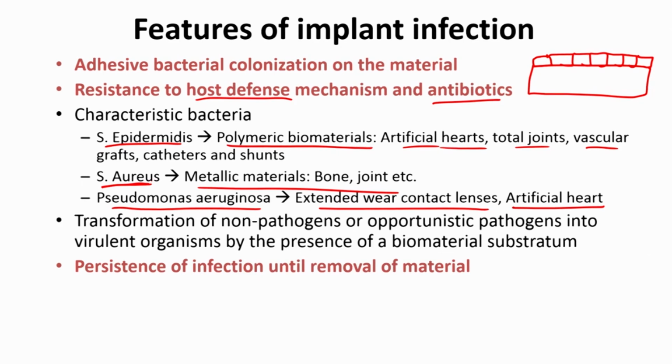In some circumstances it is a commensal bacteria where it does not cause any harm to the host, but once the same bacteria starts colonizing a particular artificial biomaterial that you put in, they then transform into a pathogenic bacteria where they start secreting lots of ECM and lots of material that the body does not like, plus then the immune system starts to actually attack that particular bacteria as well. So, this transformation can also happen, or it could be pathogenic right from the start, for example Pseudomonas aeruginosa.